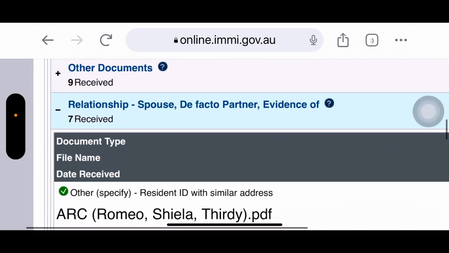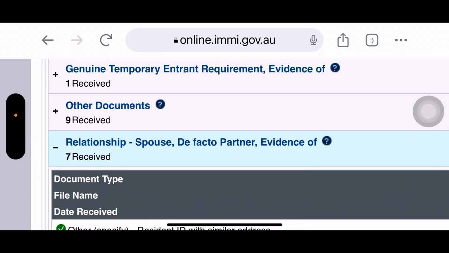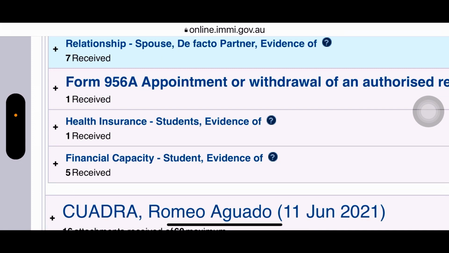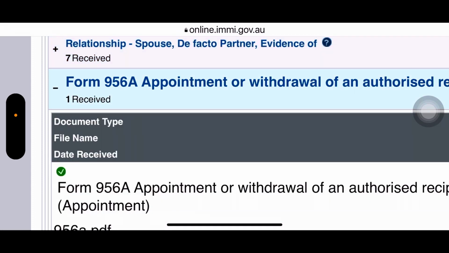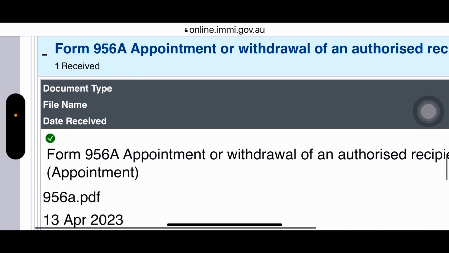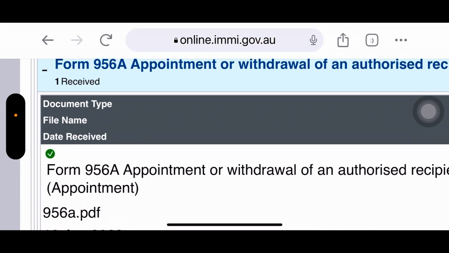So that's it for the relationship evidence. And then we also included Form 956A. It's an appointment or withdrawal of an authorized recipient. If you are the one processing the dependent visa of your partner, you have to provide this form.